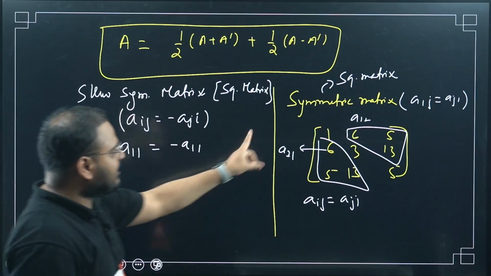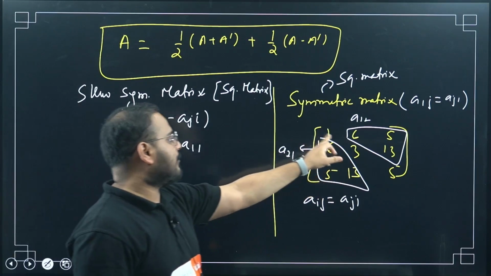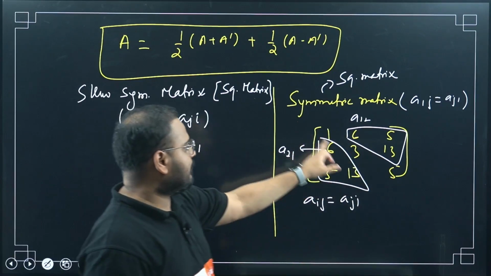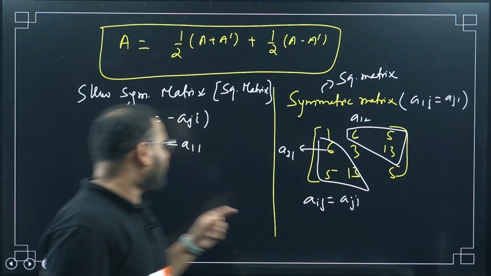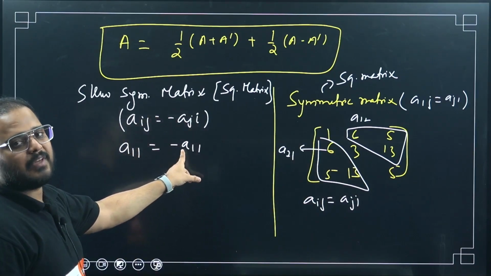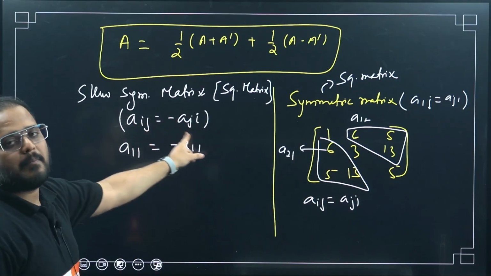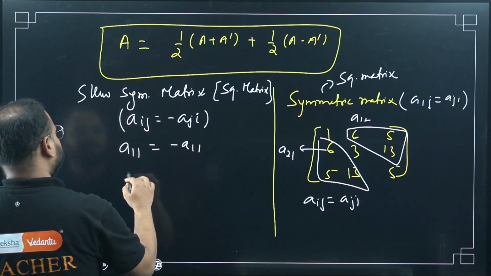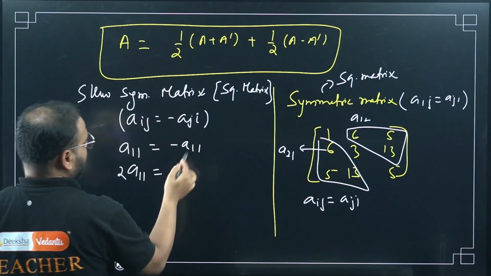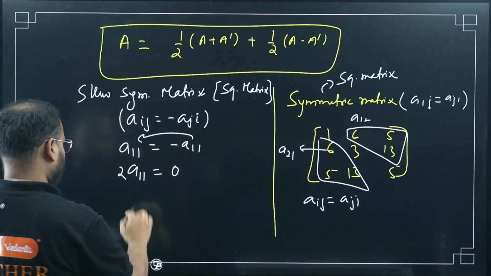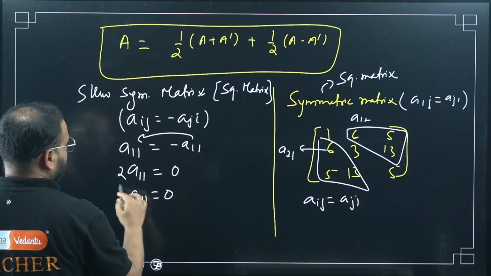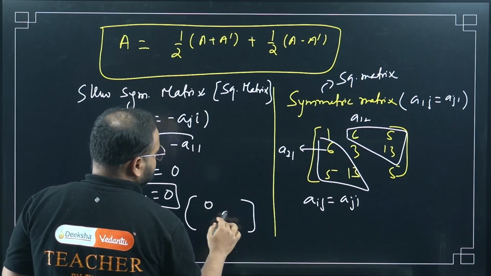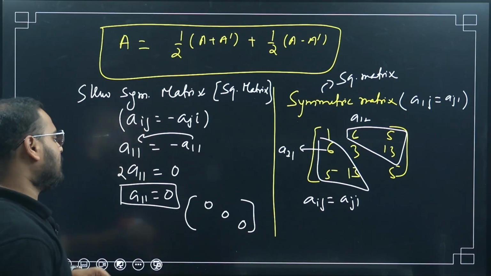Because for the diagonal elements, i and j are the same: A11, A22, A33, and so on. So for the diagonal elements we have A11 equal to minus A11, since Aij equals minus Aji. Bring it here: 2A11 equals 0. So A11 equals 0. So in the case of a skew-symmetric matrix, the diagonal will be 0.